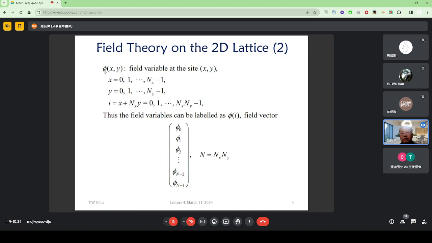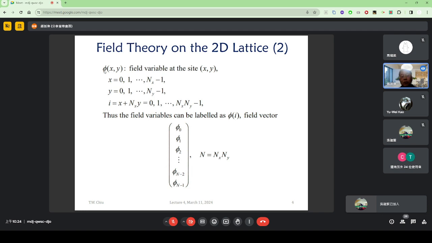But if you're considering quantum field theory, or any other field theory in general, this field variable can be a complex number. And at each site, it can have more than just one field variable. This field variable can be a sequence, an ensemble of numbers.